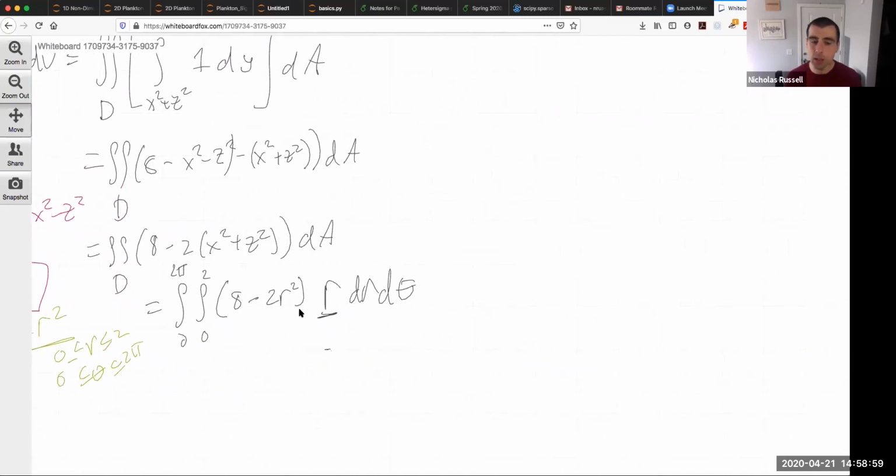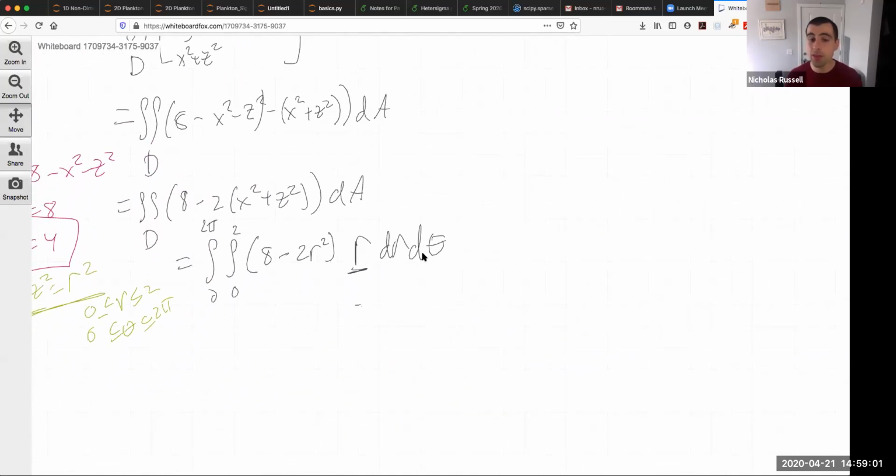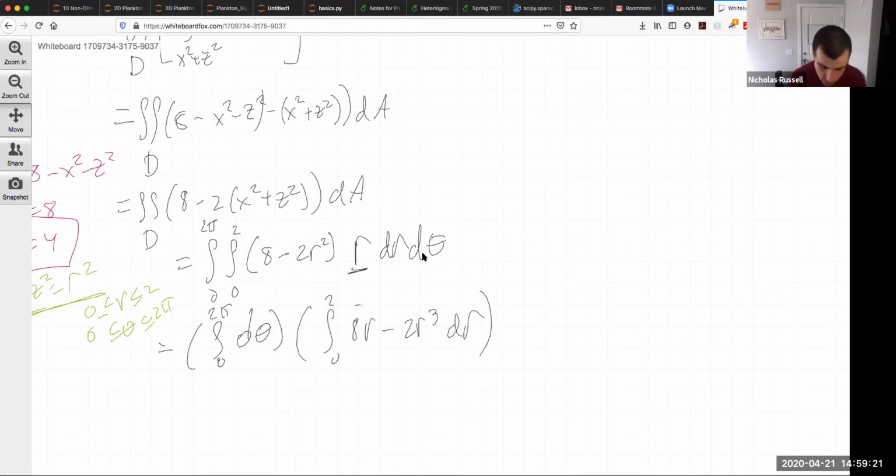So now to solve this out, well, there's no theta dependence. So again, I can utilize the separability condition here and separate them out individually. I would have 0 to 2 pi d theta, and then 0 to 2. Factoring through, it would be 8r minus 2r to the third dr. This would just become 2 pi.